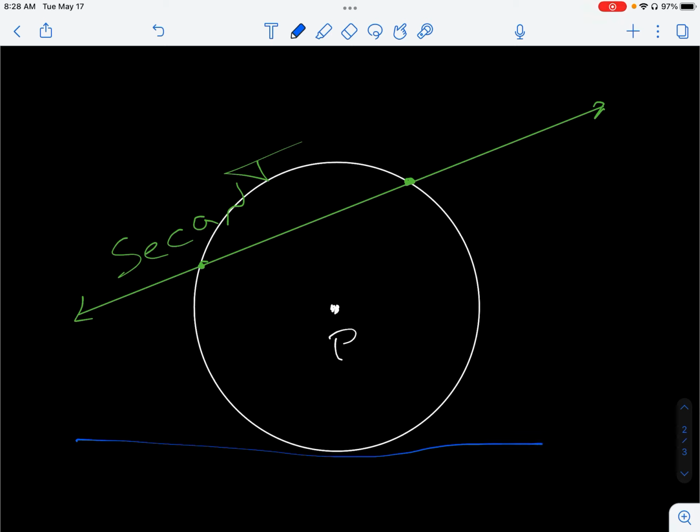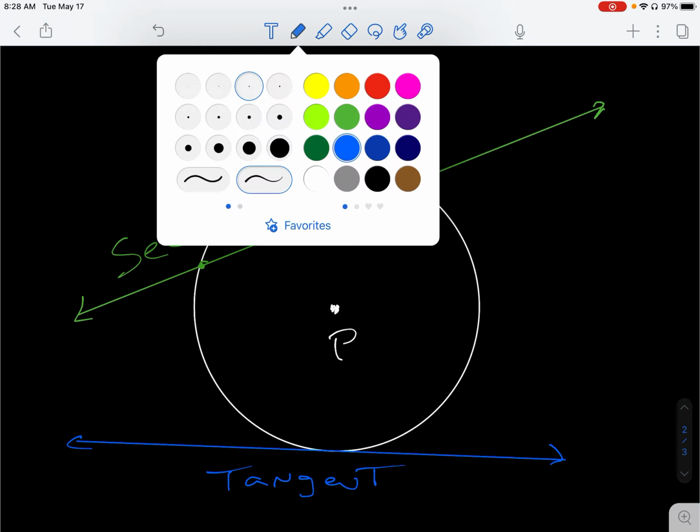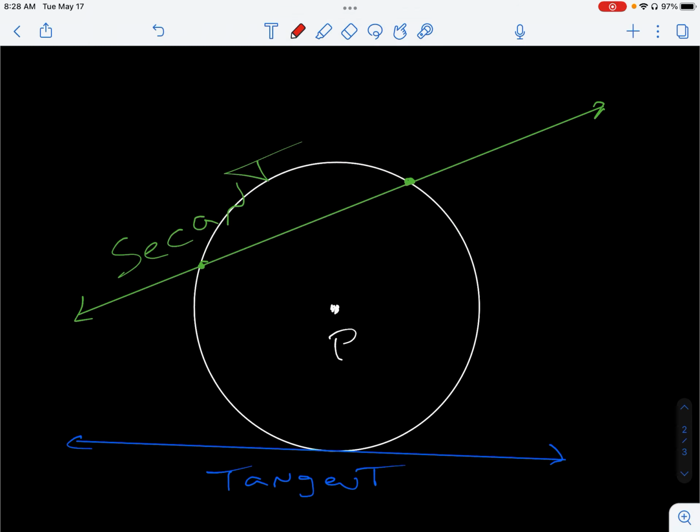The second one is the tangent line. And the tangent line is a line that intercepts the circle at exactly 1 point.